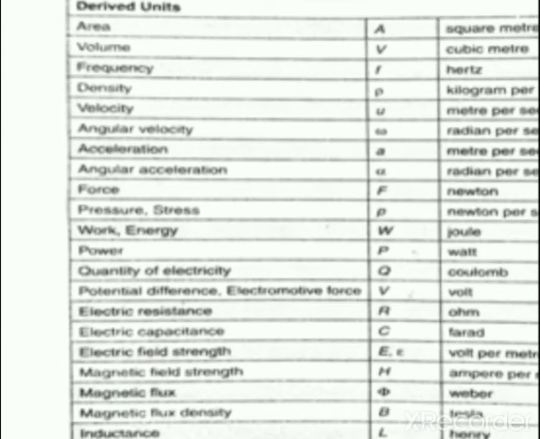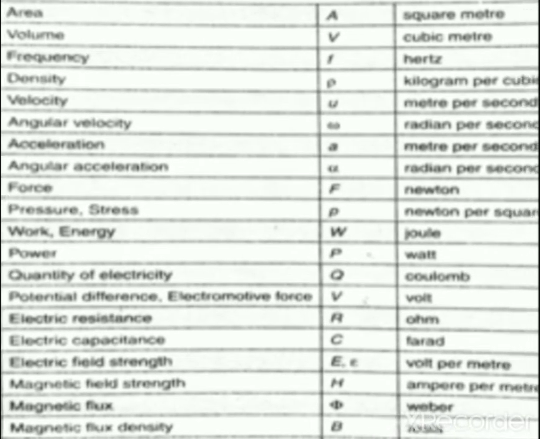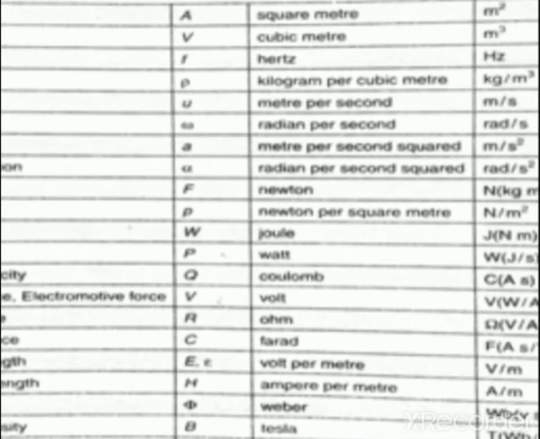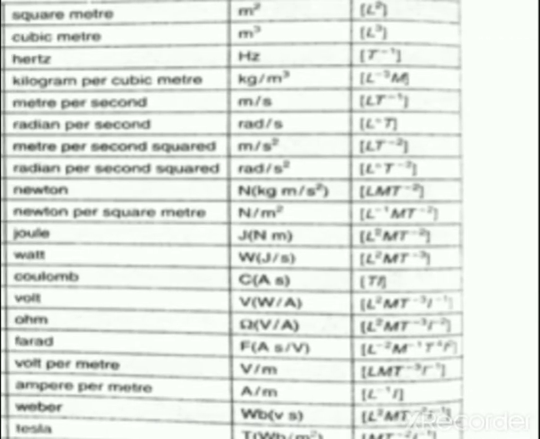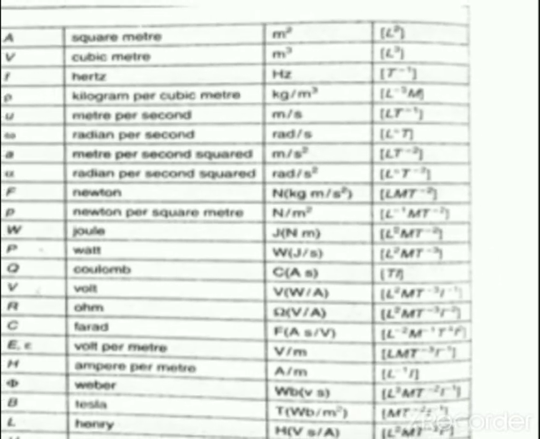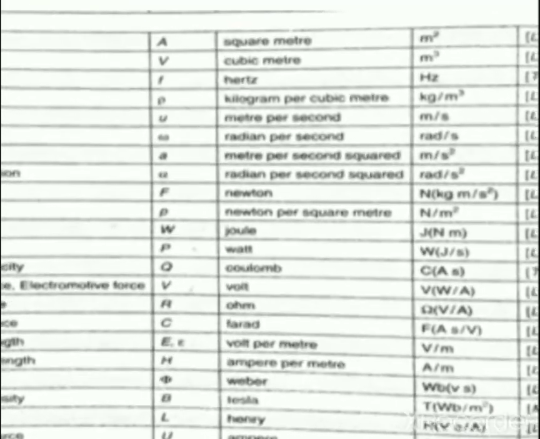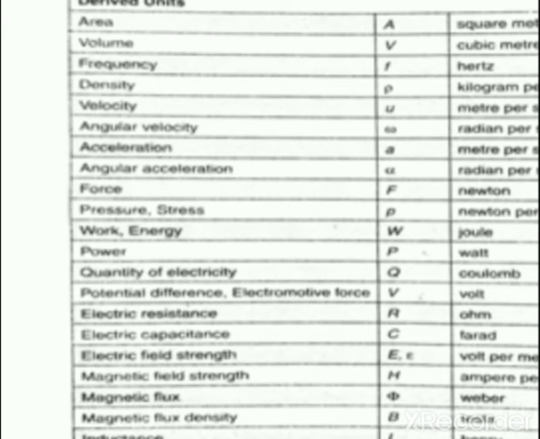So if we consider here, a number of derived units are there. The next column is of their symbol, again its unit, unit symbol, and at the end the dimension. Okay, so first we will see one unit, that is area.